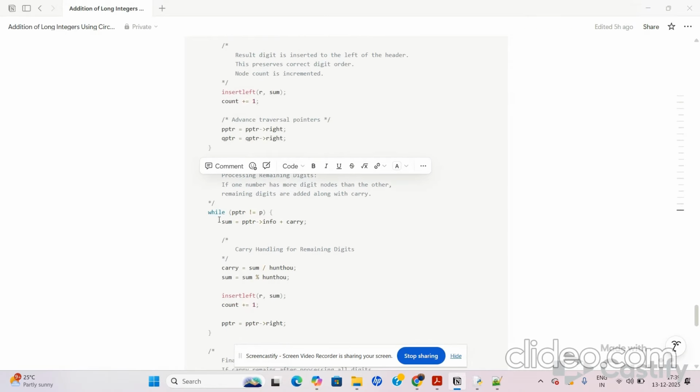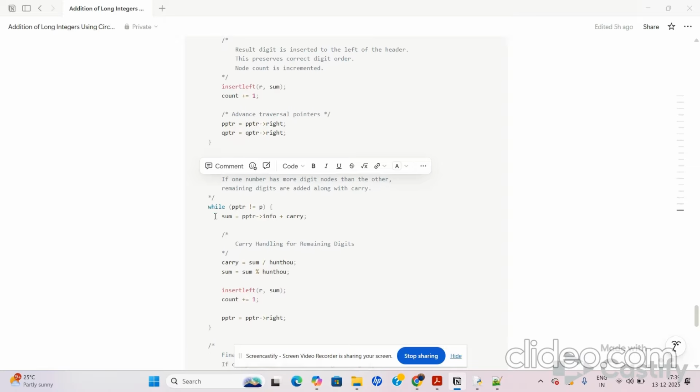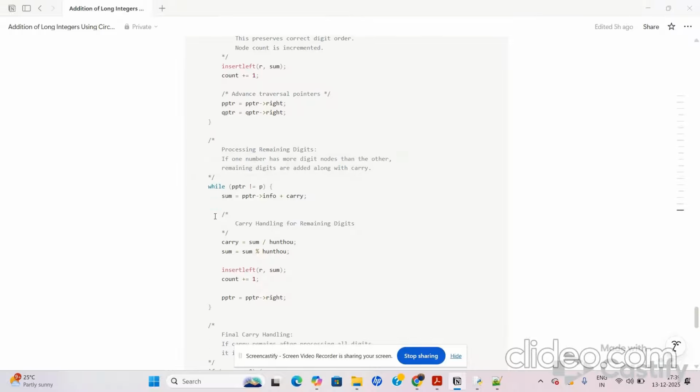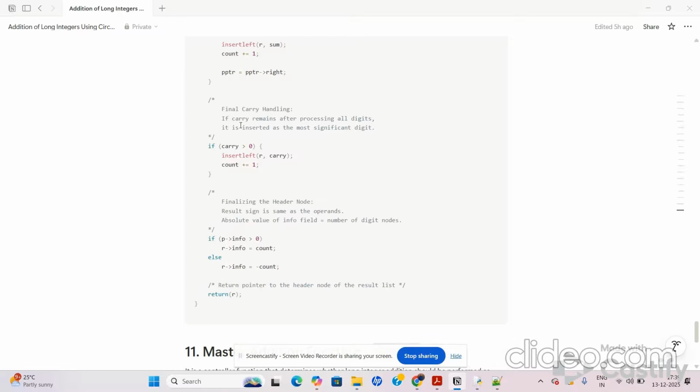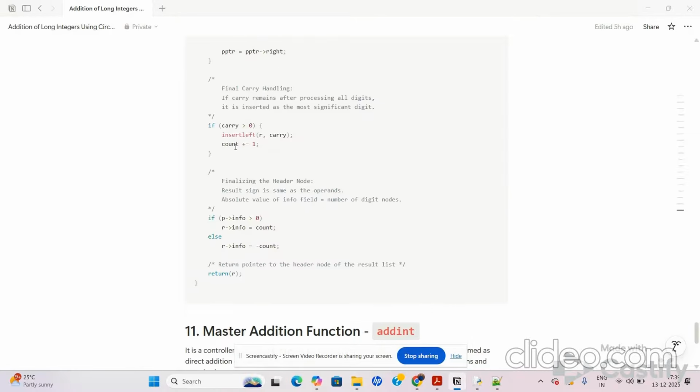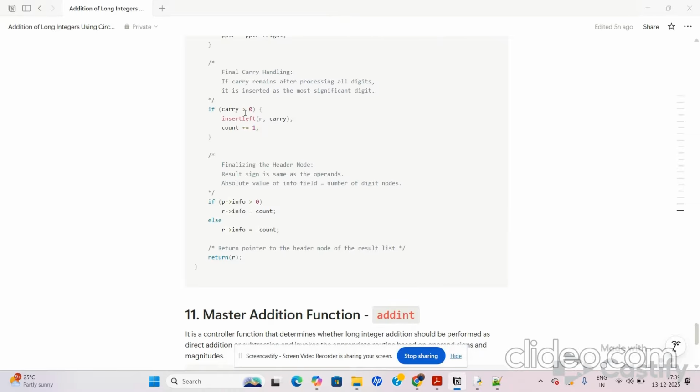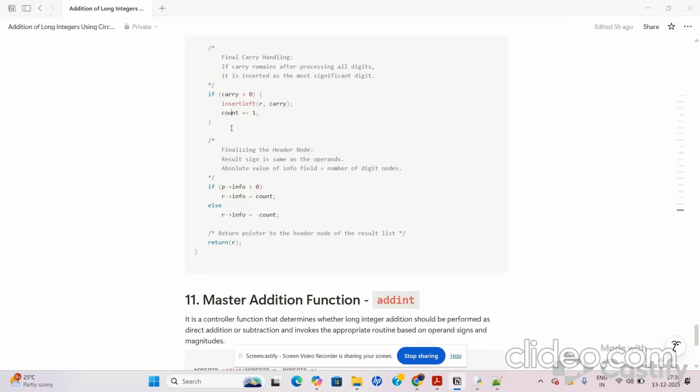Okay, and let's say if one of the lists has more nodes than the other, you're going to do the same operation. And finally, if there exists a carry, you're going to insert the carry as well and increment the count of number of nodes by 1.